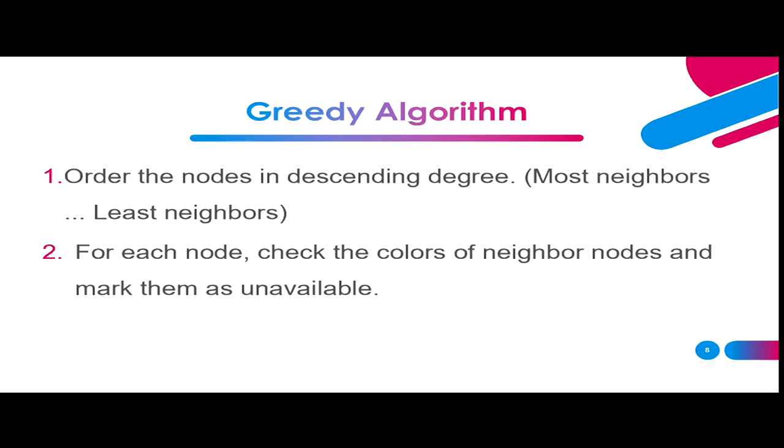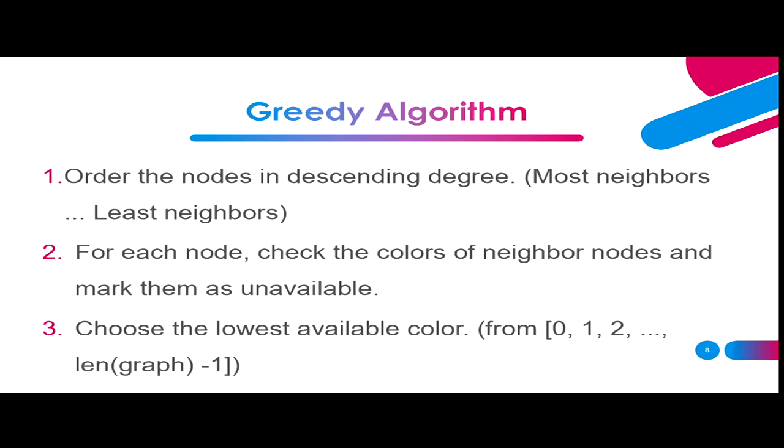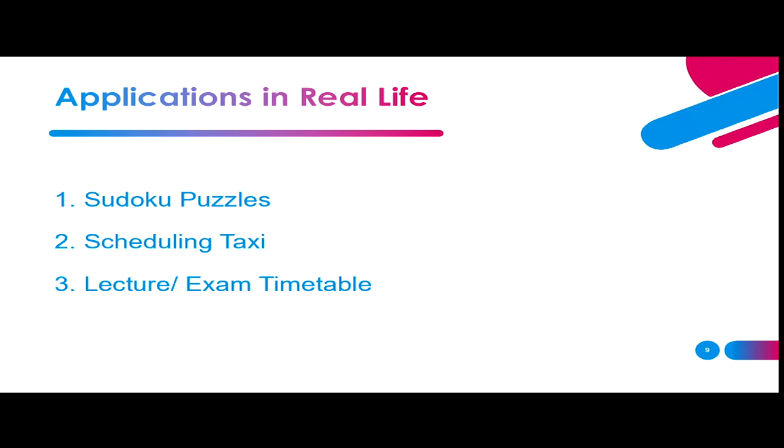Then for each node, check the colors of its neighbors and mark these colors as unavailable. Then we use the lowest available color to color that particular node. And that's the greedy algorithm. And then the applications.